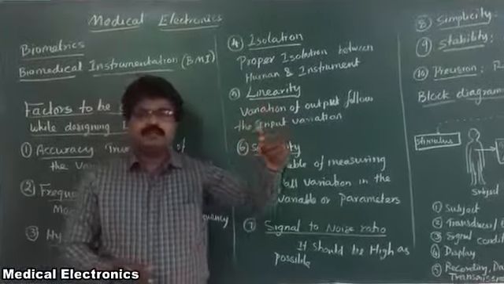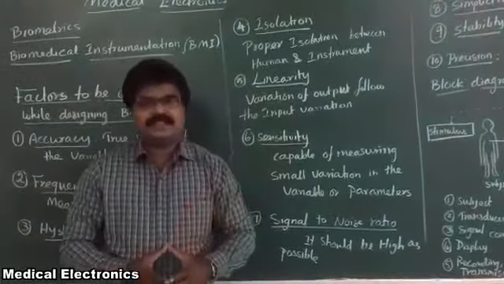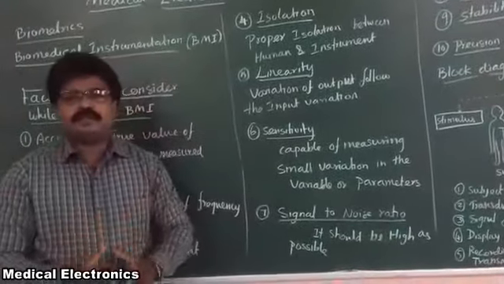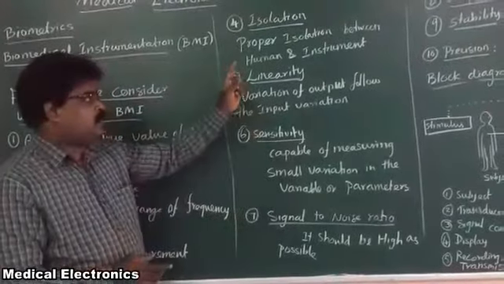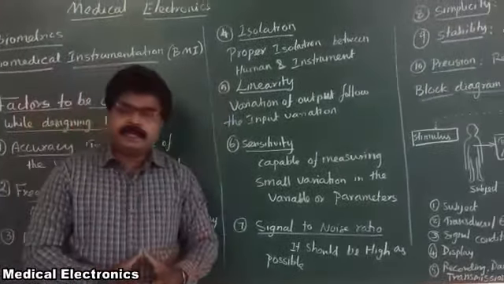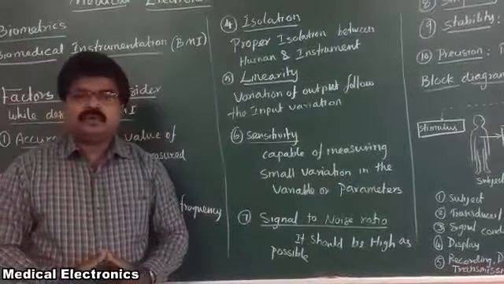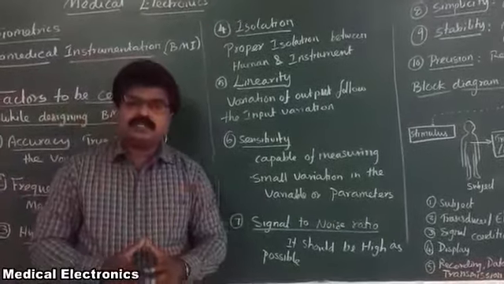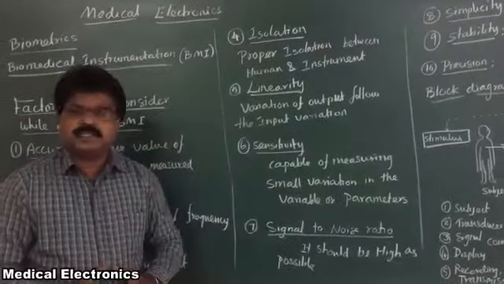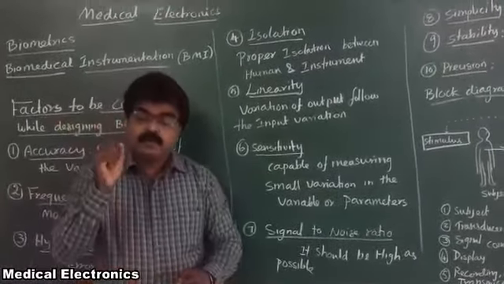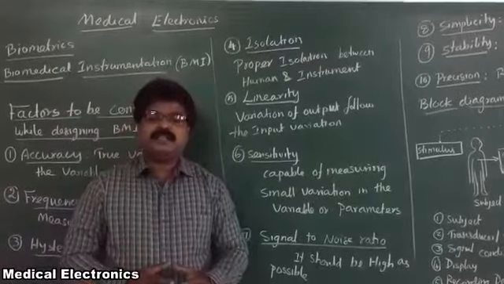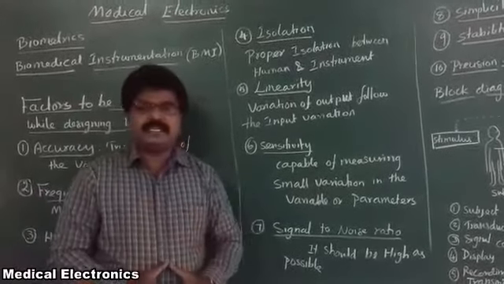The 230 volts may pass to the patient. That leads to problems for the patient. So there must be proper isolation between the instrument and the patient. The biomedical instrument used for measuring the physiological variable must have very good isolation. Otherwise it creates danger to the patient.